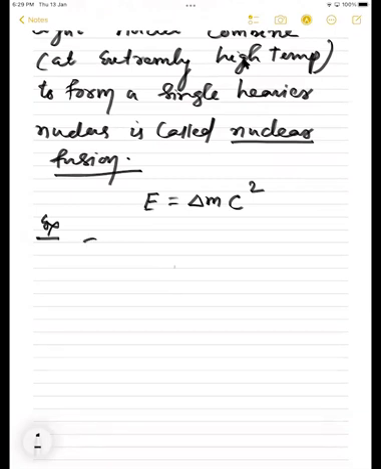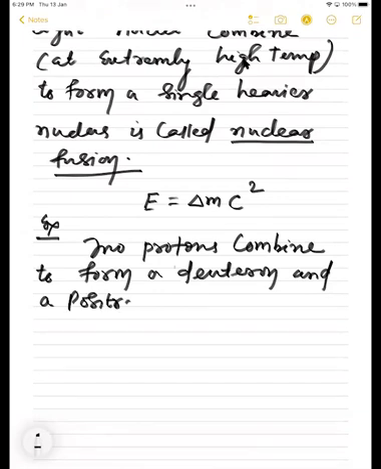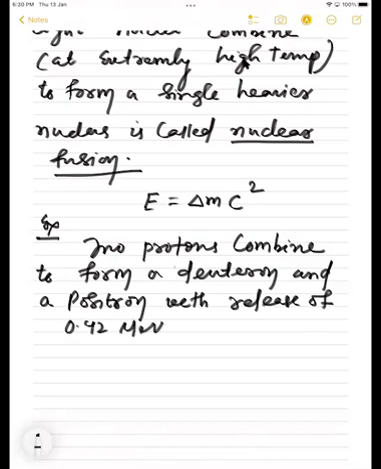For example, two protons combine to form a deuteron and a positron with release of 0.42 MeV energy.